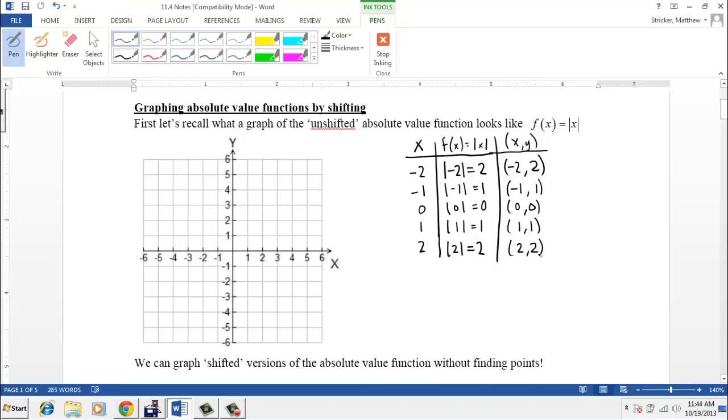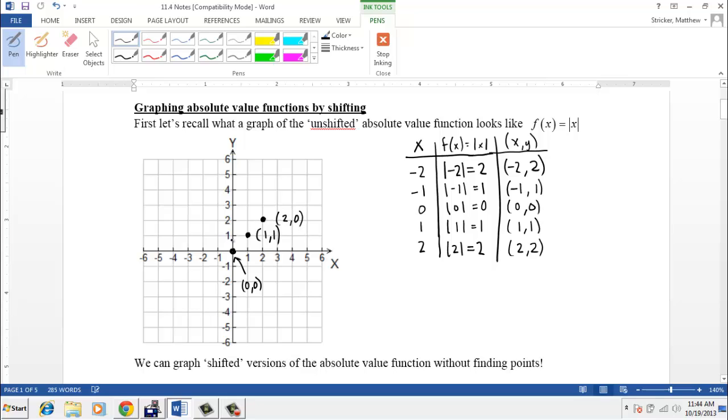And then if we put those points on the graph, we'll see that nice V shape that we just referenced a few minutes ago. So there's the point 0, 0, then we have the point 1, 1. You'll remember when we graphed these before, we talked about how it had this pattern where it went up 1, over 1, up 1, over 1. That's the point 2, 2.